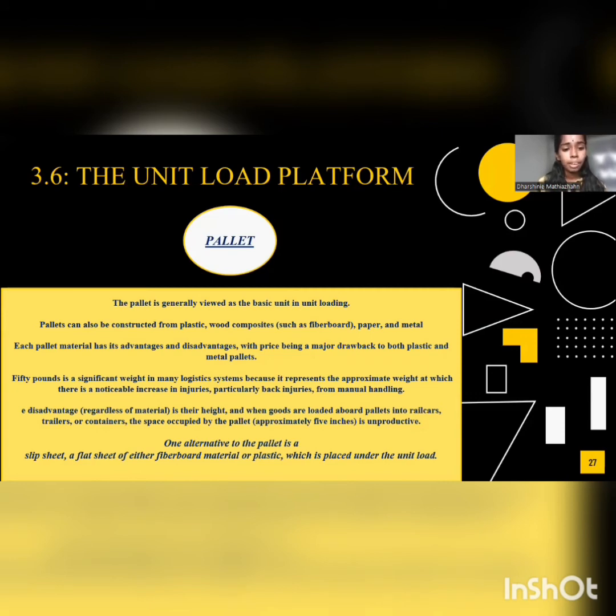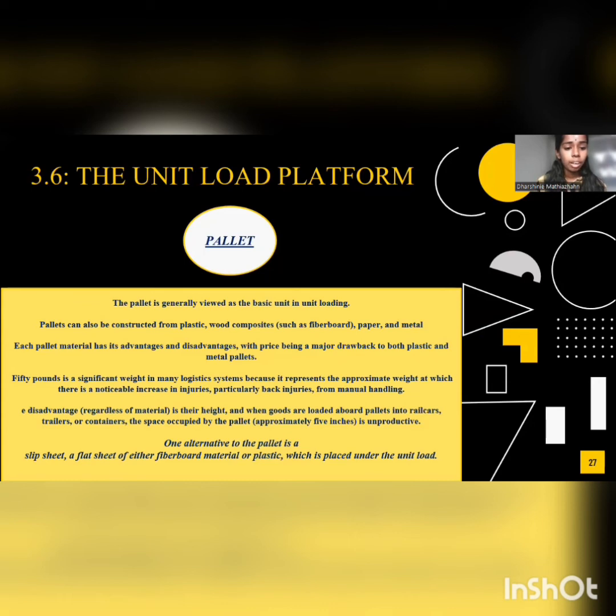Fifty pounds is a significant weight objective in logistics systems because it represents the approximate weight at which there is a noticeable increase in injuries, particularly back injuries from manual handling.